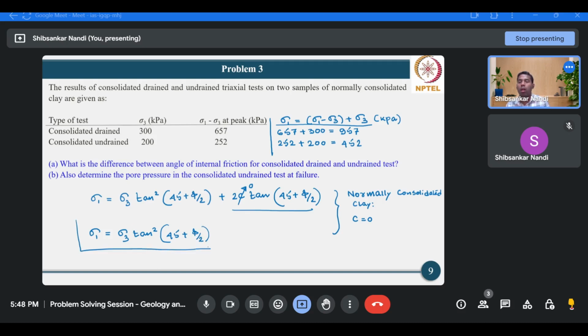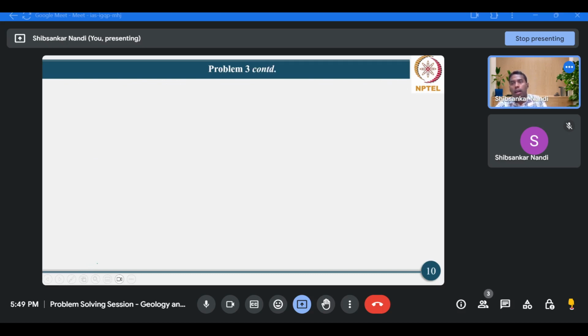So this is the modified relationship between sigma 1 and sigma 3 for normally consolidated clay, which we have to keep in mind. This is only valid for normally consolidated clay. Now we'll calculate the phi values one after another for each of these tests: consolidated drained and consolidated undrained. First we'll calculate for consolidated drained.